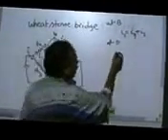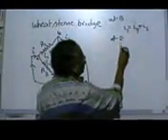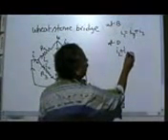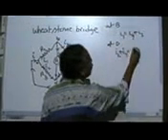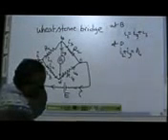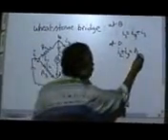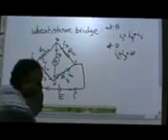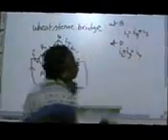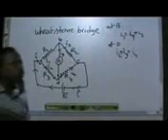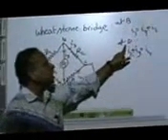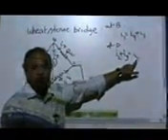So therefore, I2 plus Ig should be equal to I4. So applying the junction rule, at the junction B, I1 is equal to Ig plus I2 and at the junction D, I2 plus Ig is equal to I4.